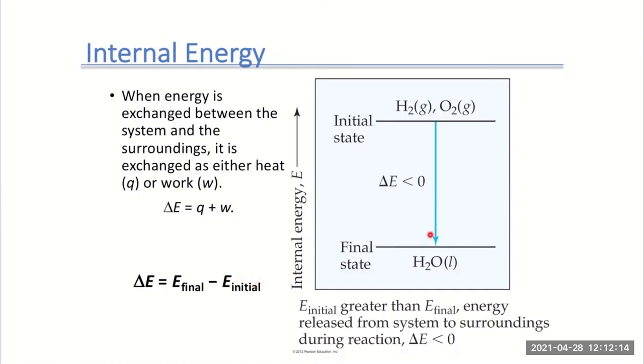So in our case here, our initial state is at a higher energy level, because here's our internal energy. This is higher. When I take hydrogen gas and oxygen, they always combine together to give me water, which is a lower energy state. And since water is a more stable configuration, this has lower potential energy than what we started with.